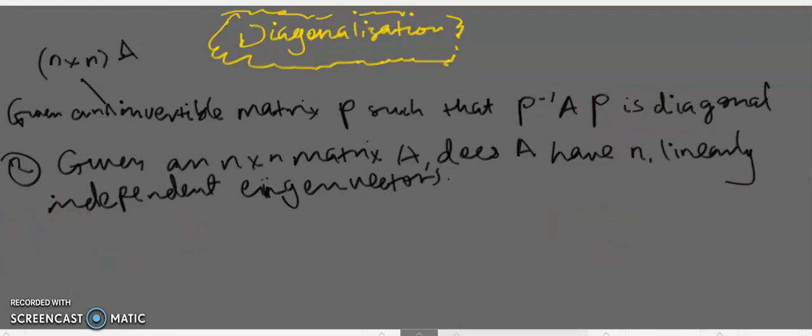And does A have n linearly independent eigenvectors? If these two conditions are satisfied, then our matrix can be diagonalized.